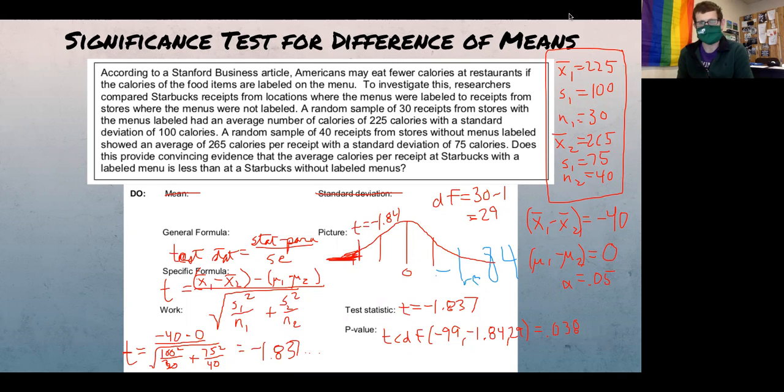If you did negative 1.837, maybe the thousandths are off. So what we were able to find by using the t-table is that the p-value is between 0.025 and 0.05. What we found by using the calculator is exactly 0.038. So this represents the p-value.